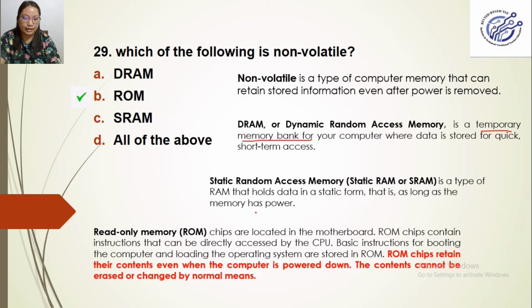So, ito po ay ginagamit to hold data in static form, that is, as long as the memory has power. So, hinuhold lang po ng ating SRAM yung ating data as long as meron pong power yung ating mga laptop. So pag napatay na po yun, nawawala na din po yung kanyang memory. So sa ating 29, yung non-volatile po natin is letter B, ROM.